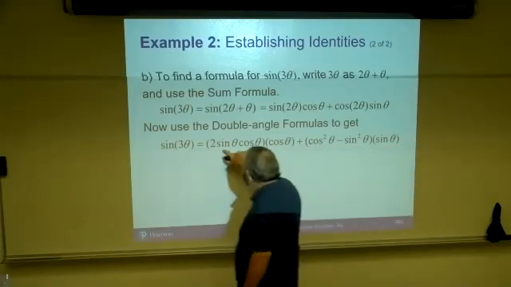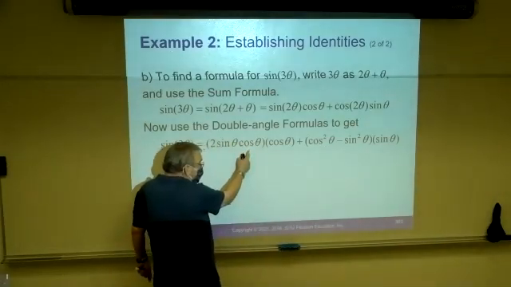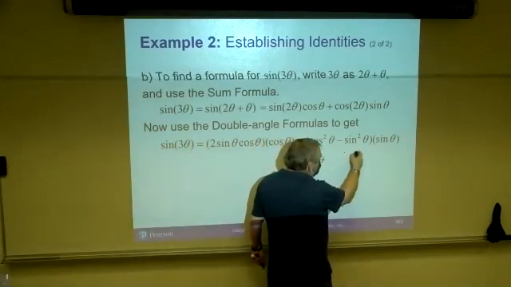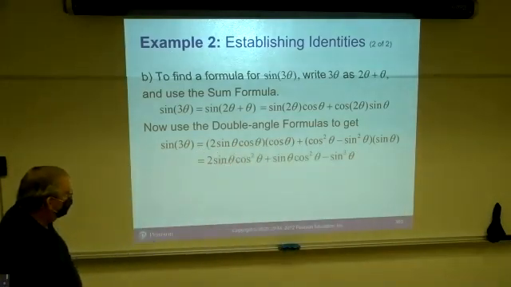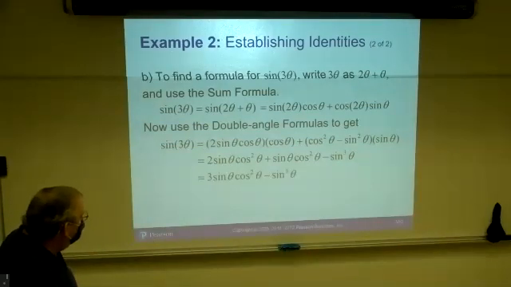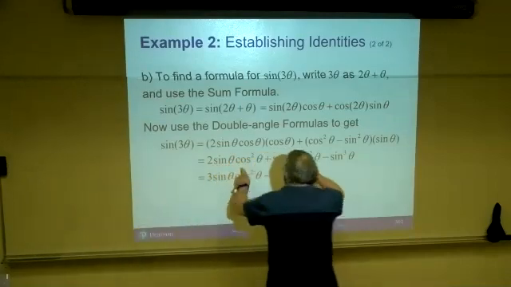And so now we have 2 sine times cosine squared, and we get cosine squared times sine minus sine to the 3rd power. Now, each thing there has sine in it, so I can factor sine out of it. And how'd they get this? Oh, these are the same.